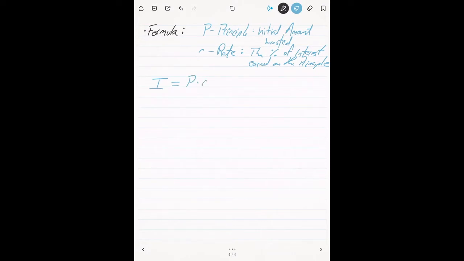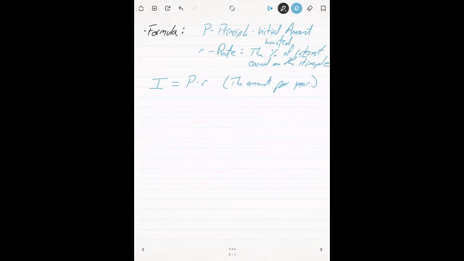How much money we initially put in times what percentage of that money you're getting back. Okay, so that's how you can figure out how much you're getting every single year. So I'm going to write in parentheses here, this interest is the amount per year. So here's one formula for us. Here's how we found the actual interest amount.